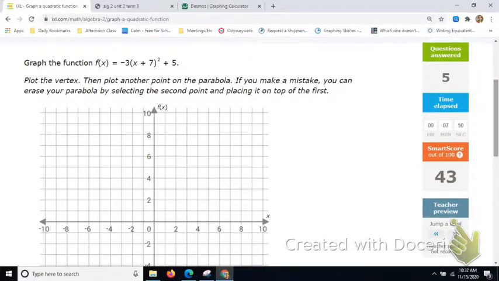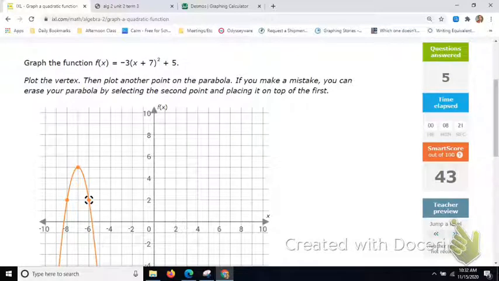So when it's in vertex form, change the inside, keep the outside. So negative 7 for my x, positive 5. So my vertex is way up here. And then negative 3 is my a. So if I go down 3 and over 1, and that's my parabola.